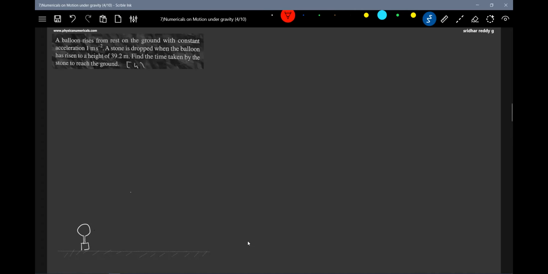Okay, here is the stone which is attached to it. Let's have this assumption. And the acceleration of the balloon, a_B, I'll write it, that is 1 meter per second square. It is going to accelerate, the balloon. Somewhere when the balloon has risen to height h, here the stone will be dropped from it.